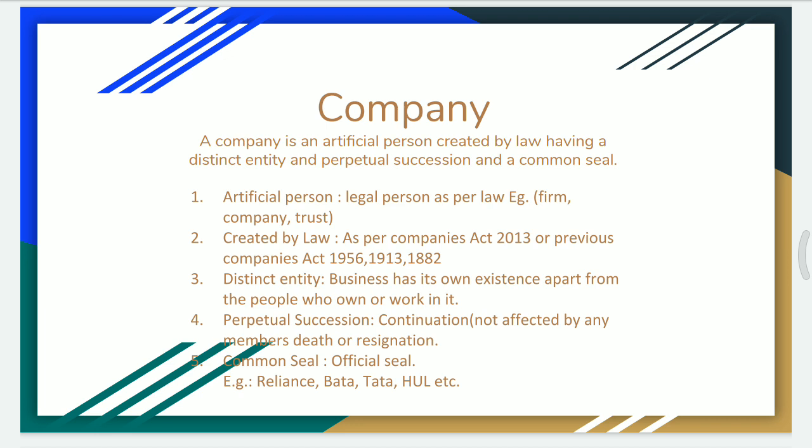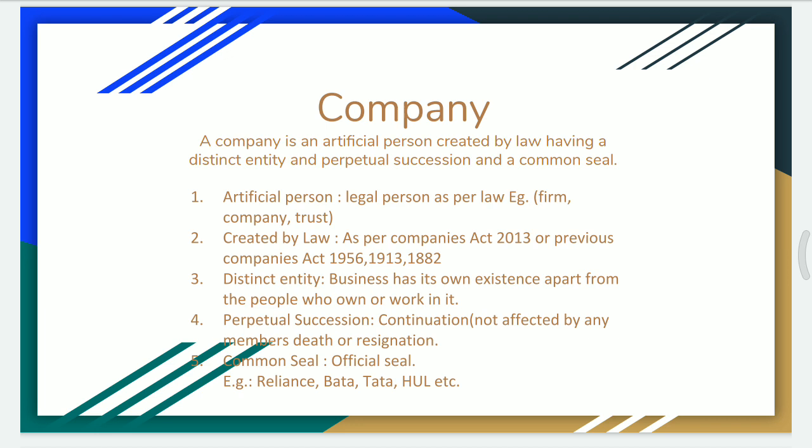Created by law means it is created as per the Companies Act 2013 or the previous Companies Acts of 1956, 1913 or 1882. Distinct entity means a business has its own existence apart from the people who own or work in it. Perpetual succession means continuation.